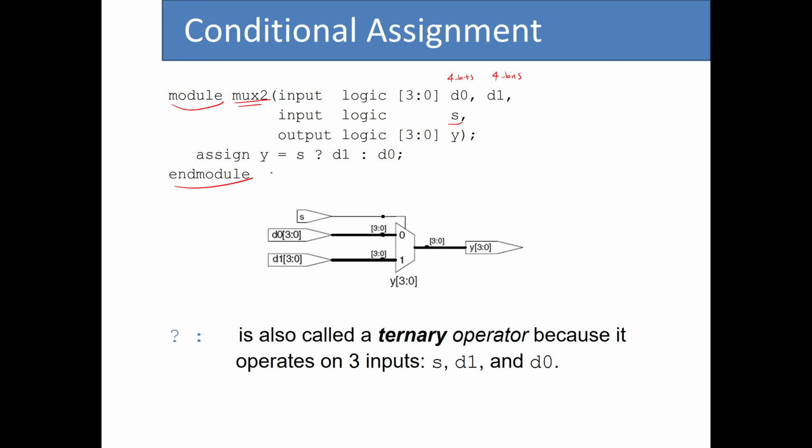So let's see how it works. We again have the keyword assign, and then we say y equals s question mark d1 colon d0. The way you should interpret this ternary operator, which is a combination of a question mark and a colon, is that you assign a value to y given the value of s.